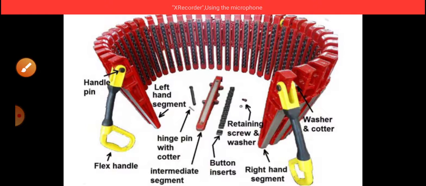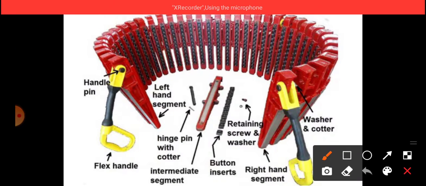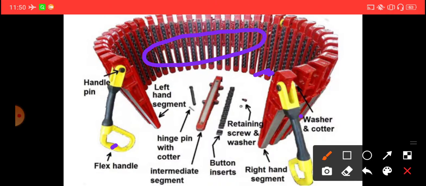And this is for casing, very important. We generally use these slips only during the casing job. Here you see 1 2 3 4, it has almost 4 handles. These are flexible handles. And here, the black round shapes are like buttons.